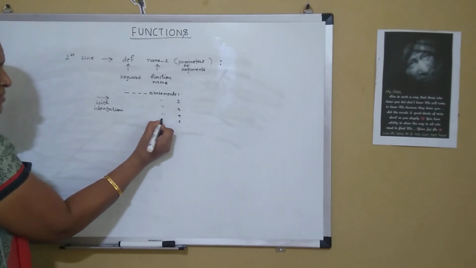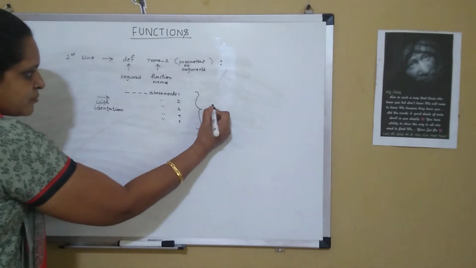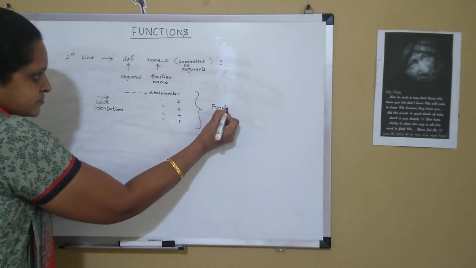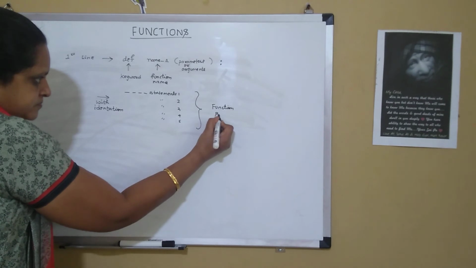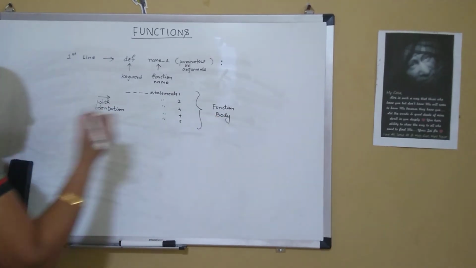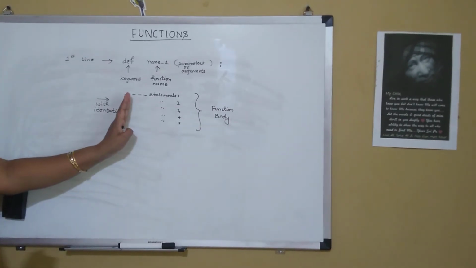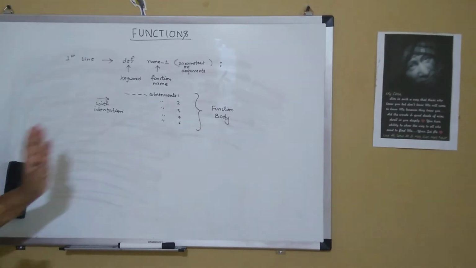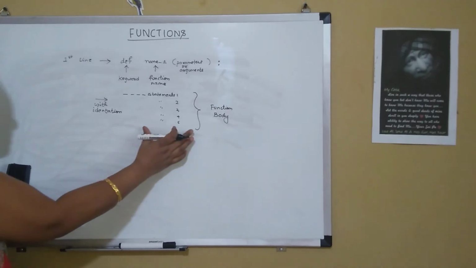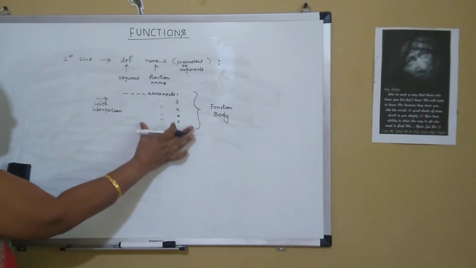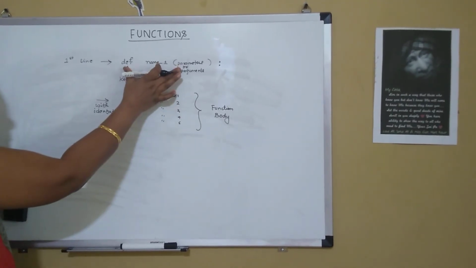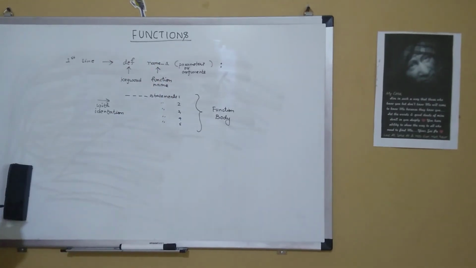So this is basically called the function body. The statements within the function body have to be indented with 4 spaces, so it indicates that these statements are part of the user-defined function.